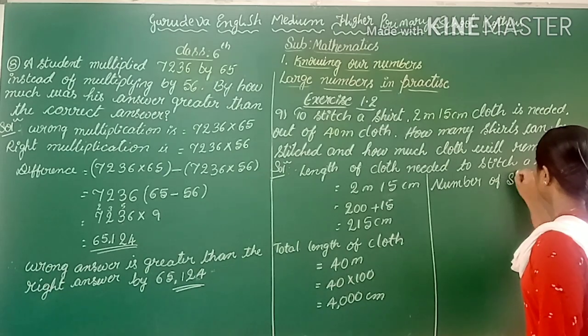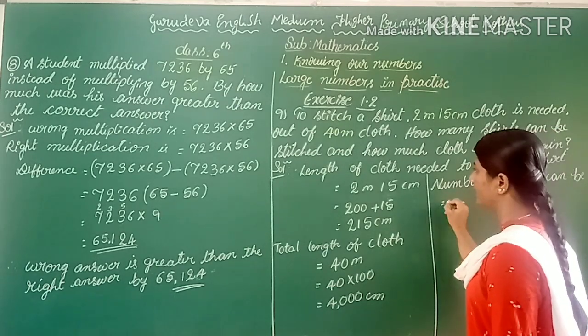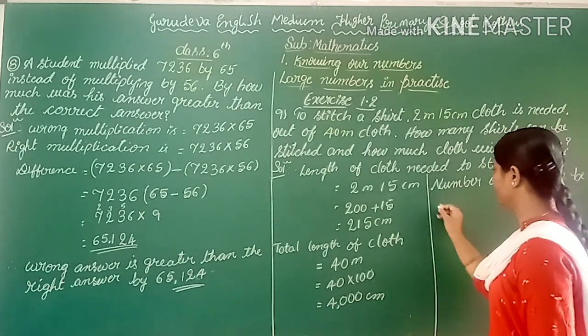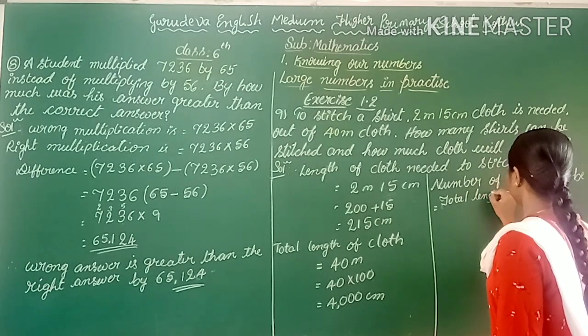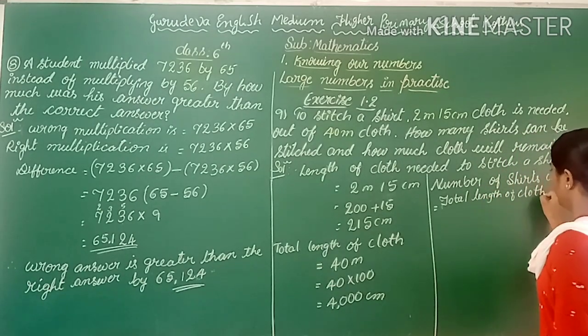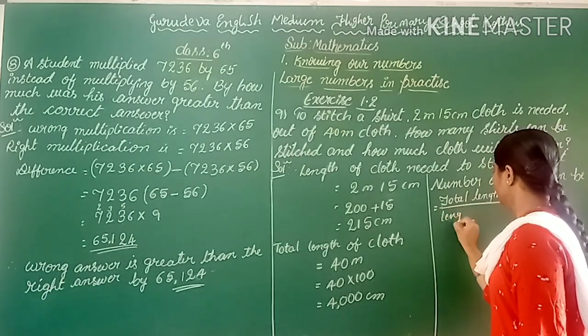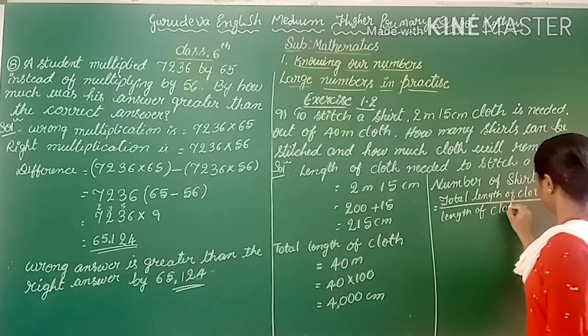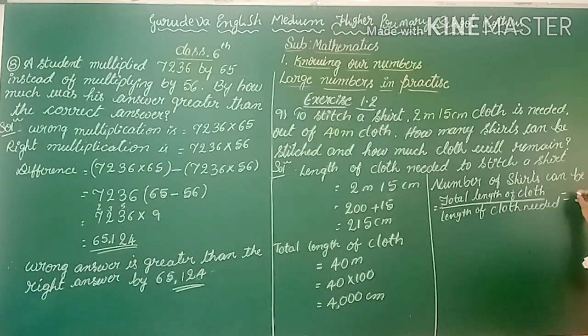Number of shirts can be stitched is equals to 4000 divided by 250.